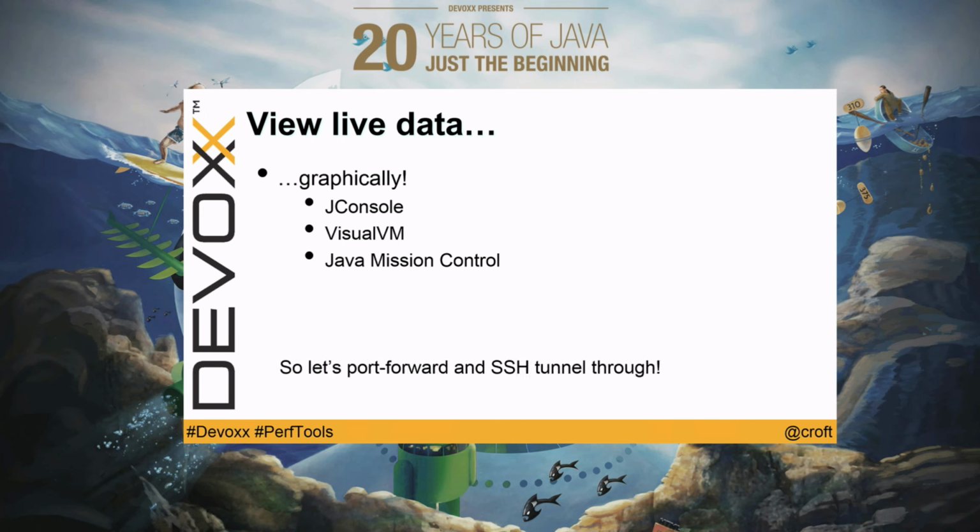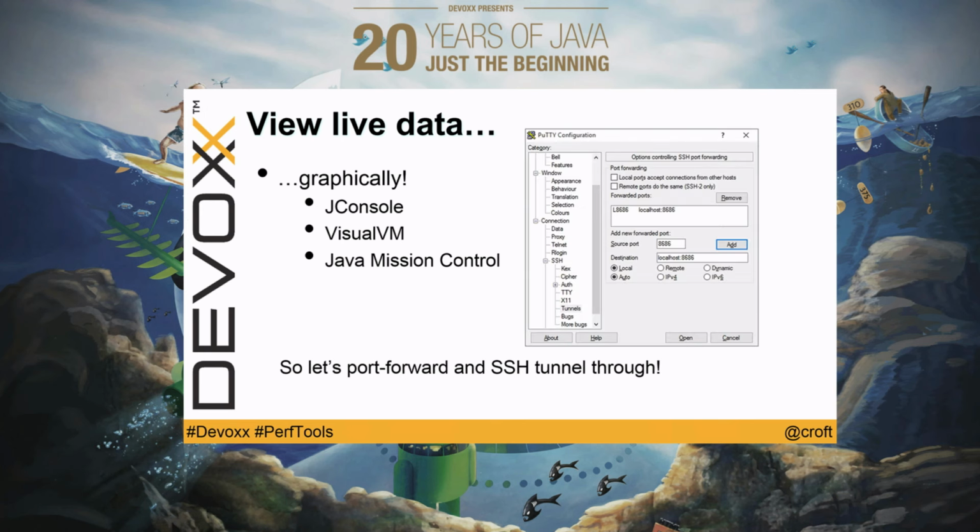So, well, what we can do is just forward ports, and then we can connect through an SSH tunnel. So this is PuTTY. If you want to do this on Windows, Linux, you can do it on the command line natively. We can just set up a port forward so that I can connect to localhost 8686, which is the Glassfish JMX port, and then that'll just forward my request through a normal SSH connection, so it's just port 22, firewalls are fine.